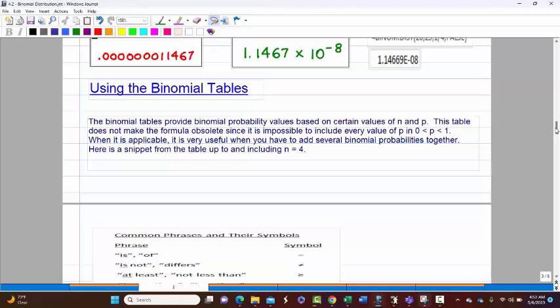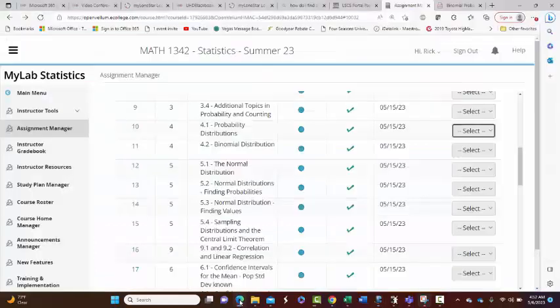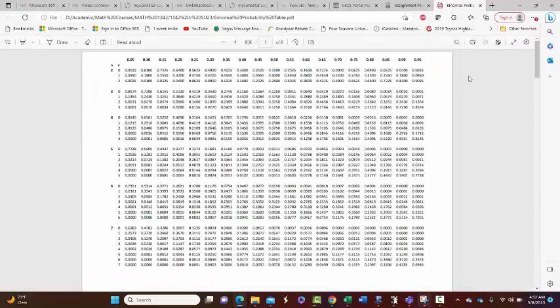Now it's impossible to have a binomial table for every possible value of n and p, and this table only goes up to 20. So what I do on a test, just so you have this option, it may not be true on a homework, but on a test I can keep the parameters within what fits this table.